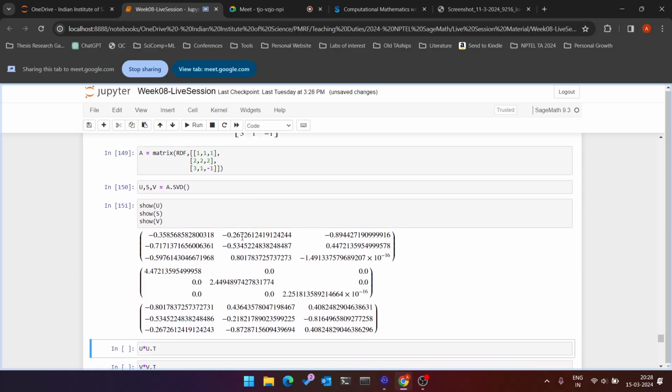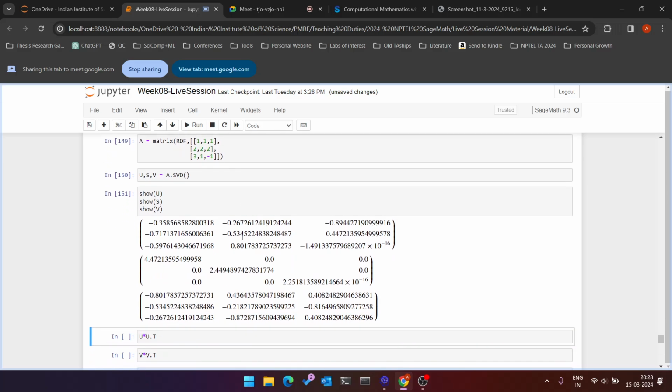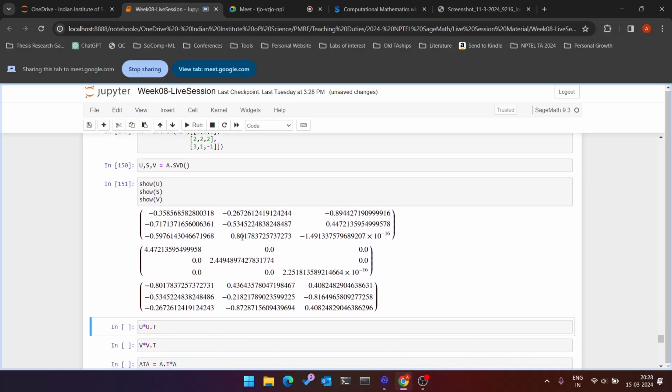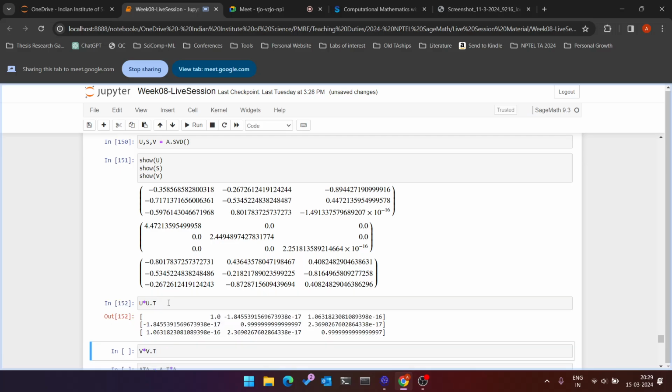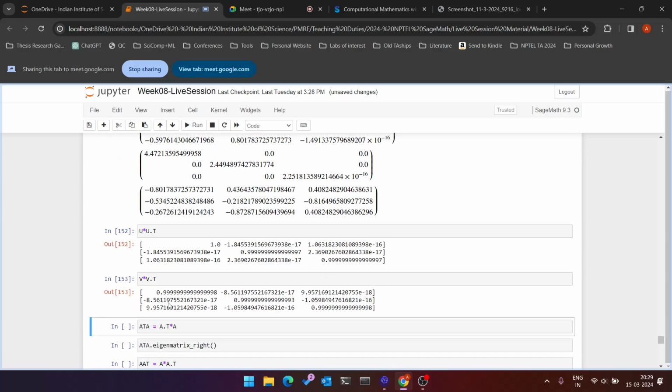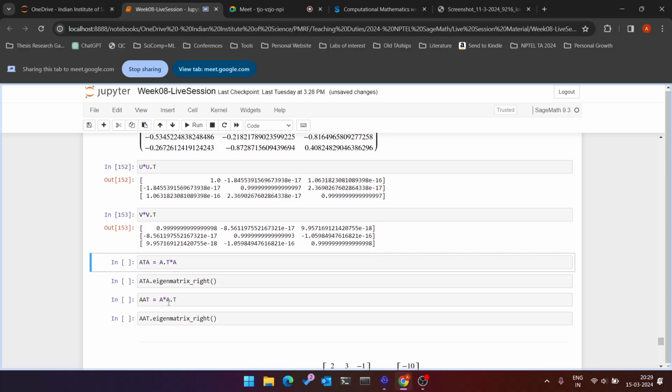The matrices look like this. So U, S and V are all 3 by 3 matrices.